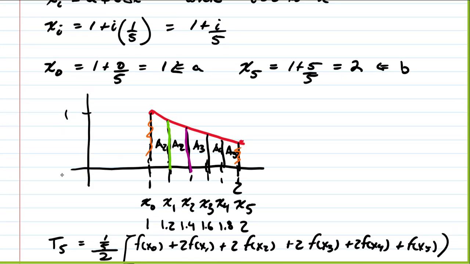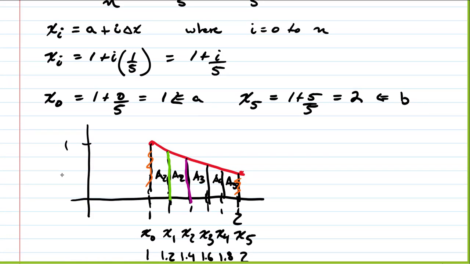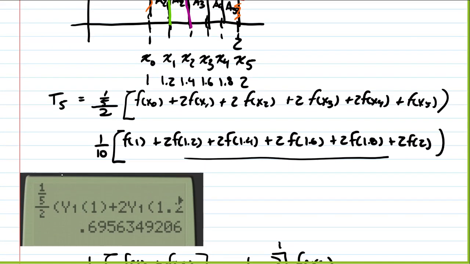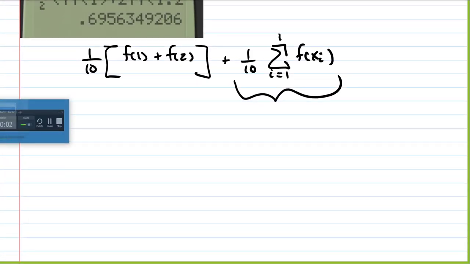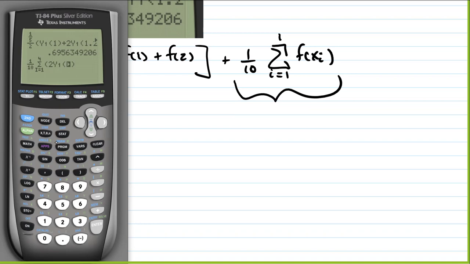Well, what was our x sub i? 1 plus i divided by 5. So we're going to type that in. 1 plus i divided by 5. Close our parentheses, and we have another parenthesis. So that gives us this value right here, right?